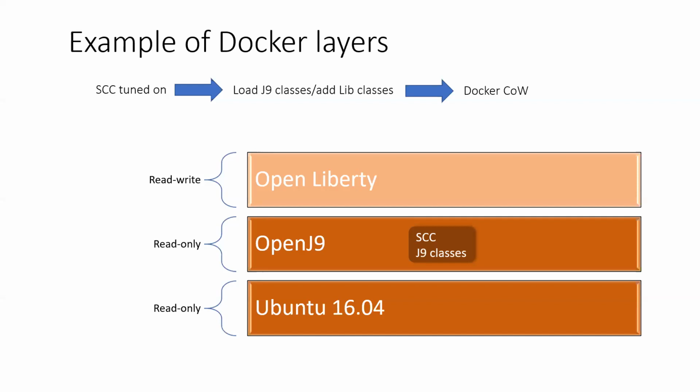So in this case, the shared class cache in the lower OpenJ9 layer will be copied to the top Open Liberty layer, and then the Liberty classes will be added to the shared class cache. As you can see, now we have duplicated data. We have two copies of OpenJ9 classes in this image.